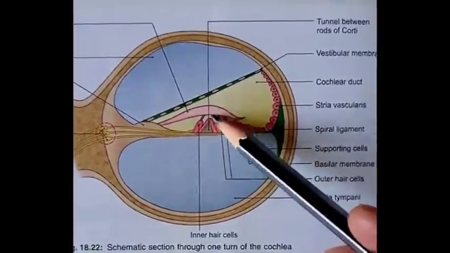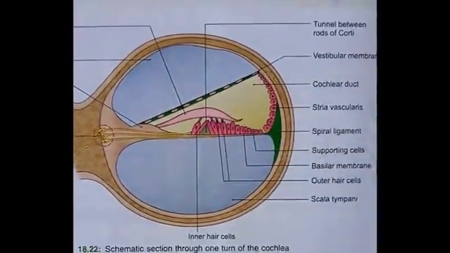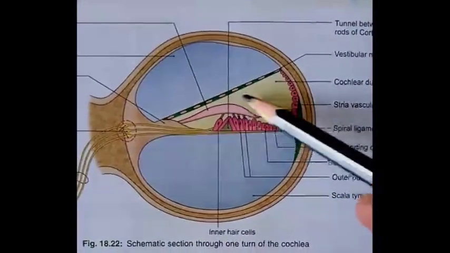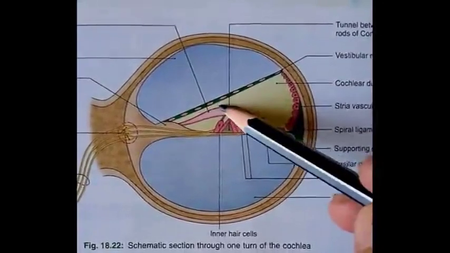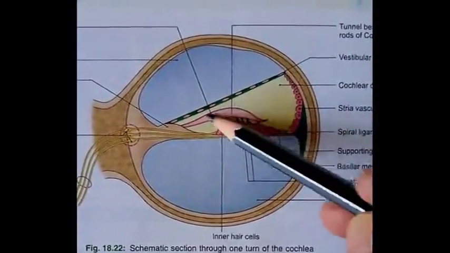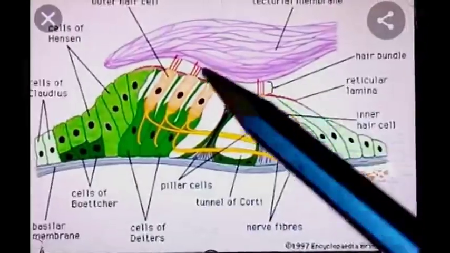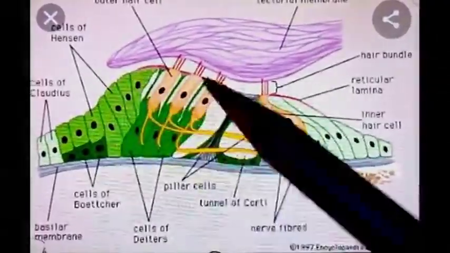We can see these hair-like structures present. These are the hair cells. These hair cells are embedded in a gelatinous membrane that is known as membrana tectoria. This complete structure is known as the organ of Corti.